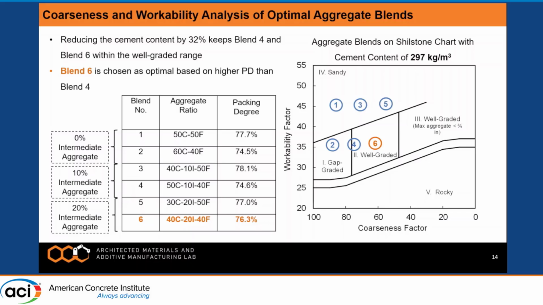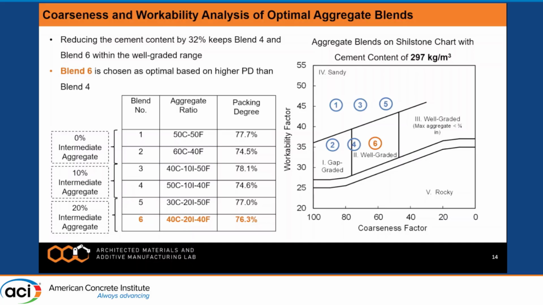So basically, we are reducing the amount of cement by increasing the amount of intermediate aggregate. At the same time, this also has a packing degree of 76.3, which is very close to our best case of 78.1. So for the aggregate optimization, we went with this particular volume ratio as our optimized aggregate blend case.